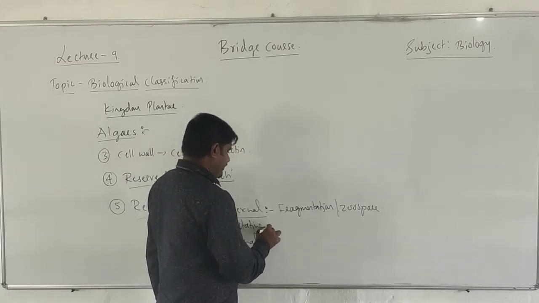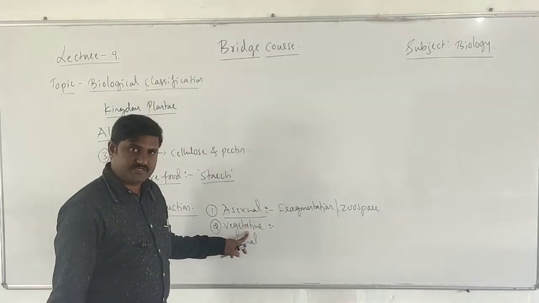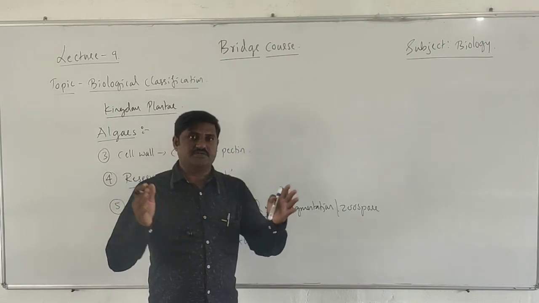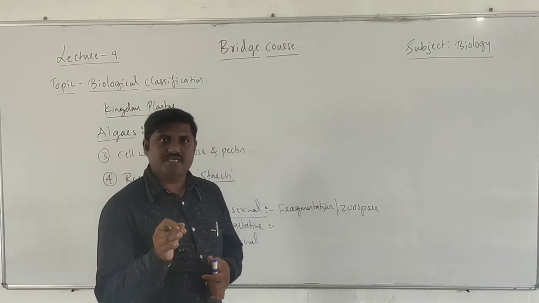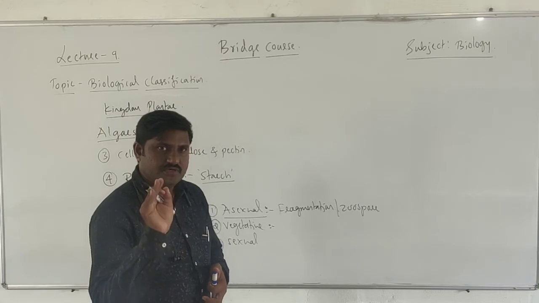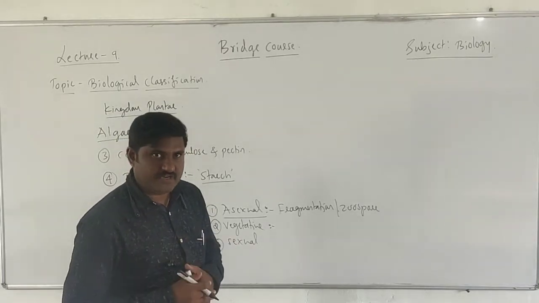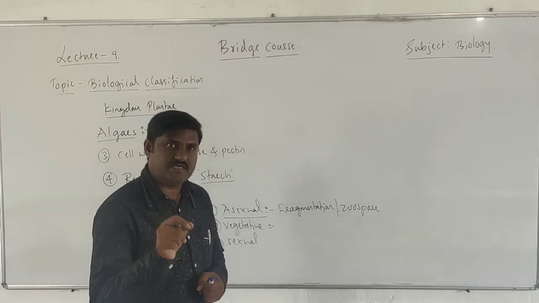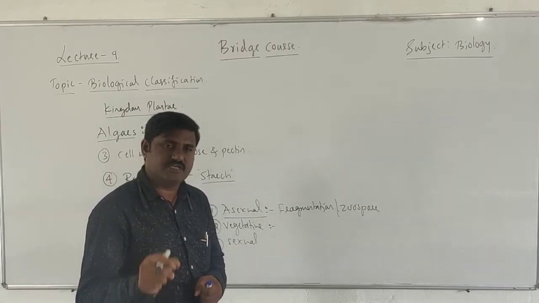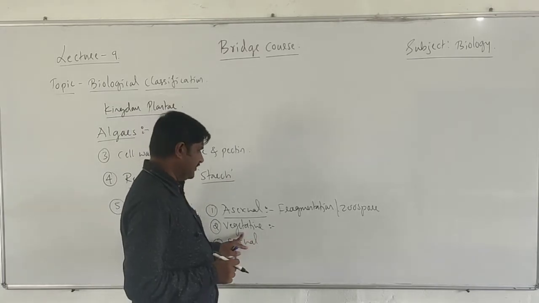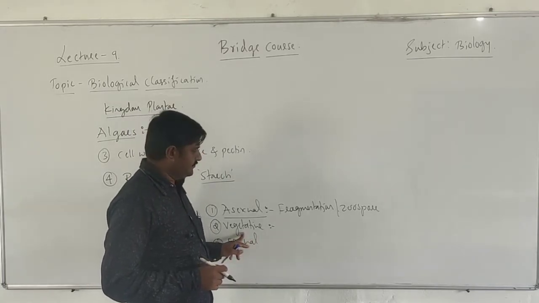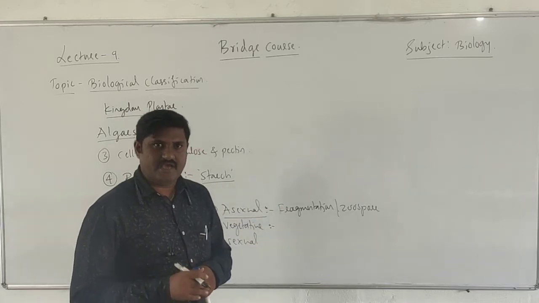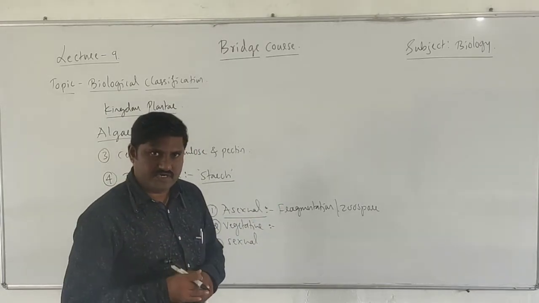Vegetative type of reproduction is a type of reproduction in which the parent body cuts into several pieces and each piece can grow into a new individual. That kind of reproduction is called vegetative reproduction. In Kannada it is called kayaja reproduction. Here the plant body cuts into several pieces and each piece can grow into a new individual.